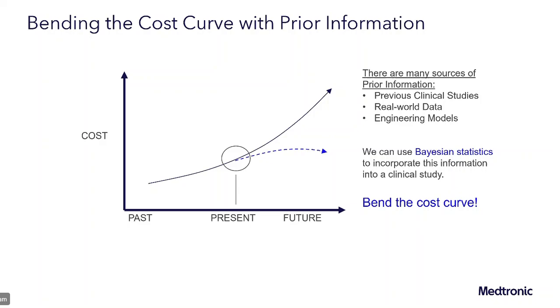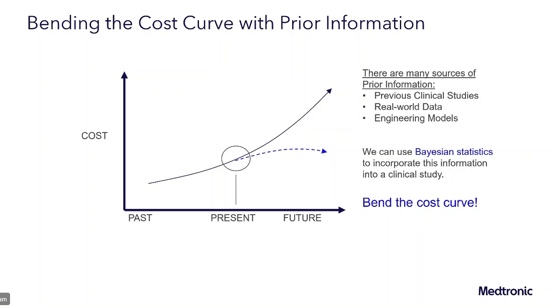We also have a lot of real world data. Sometimes there are off-label uses of some products that are now trying to become on-label. That information can be really relevant for your present clinical study. And probably one of the biggest areas of advancement in the last 20 years has been engineering or numerical modeling.